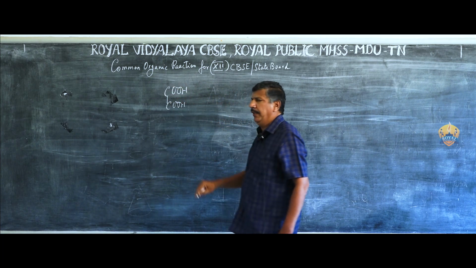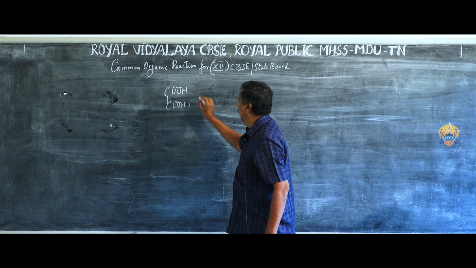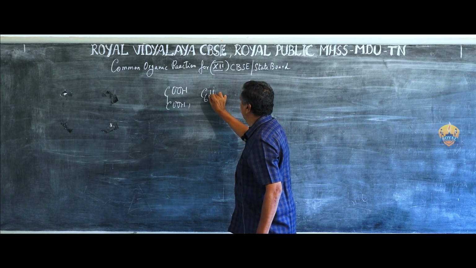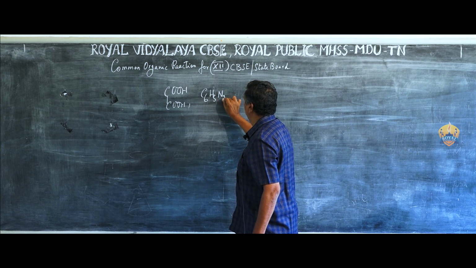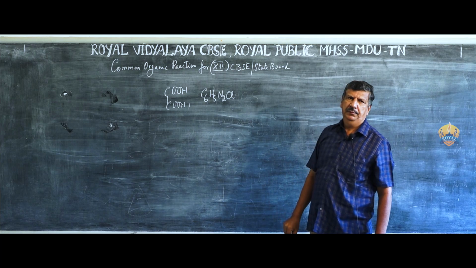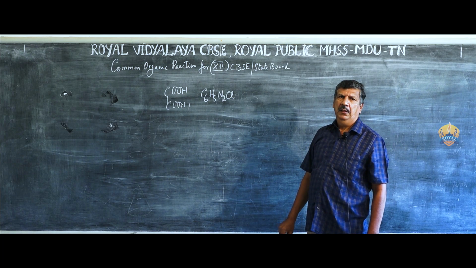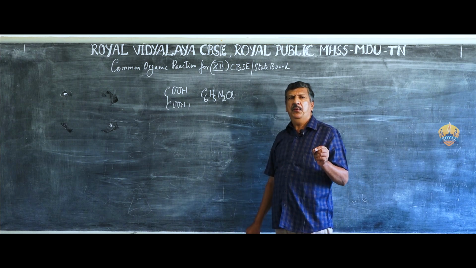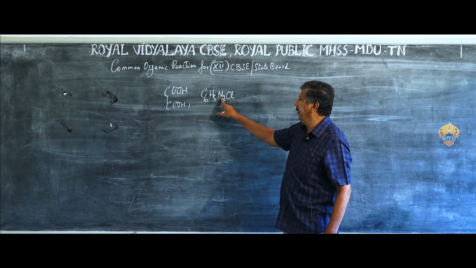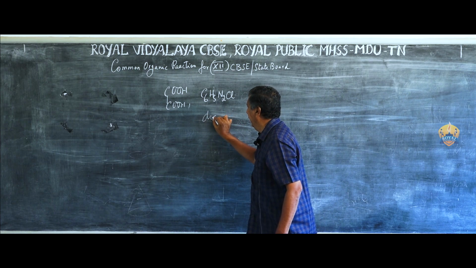The compound is known as oxalic acid. This is benzene diazonium chloride. Any organic compound containing nitrogen in the middle will have this name.